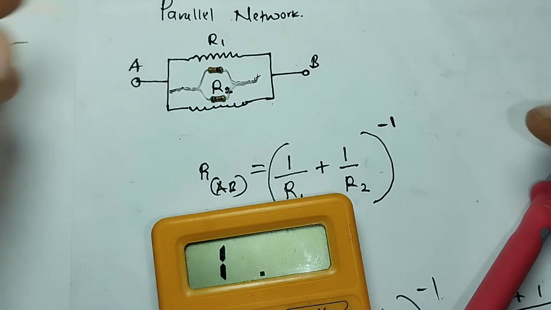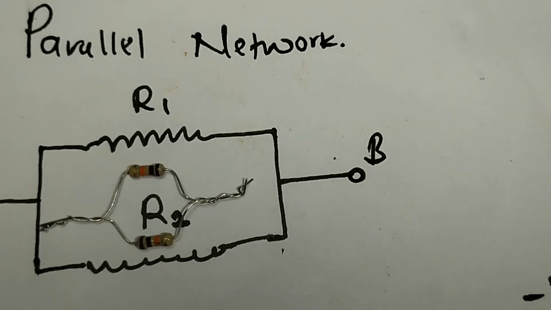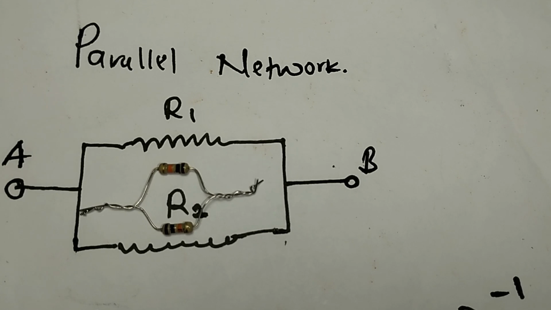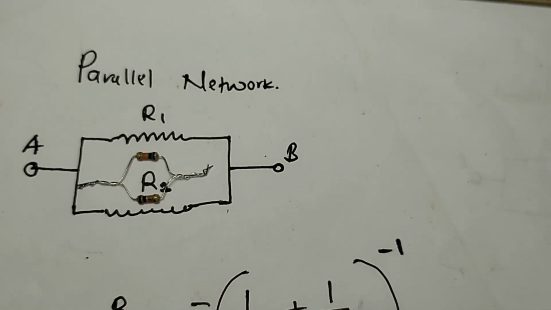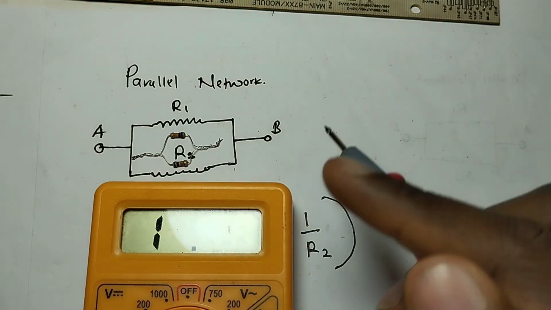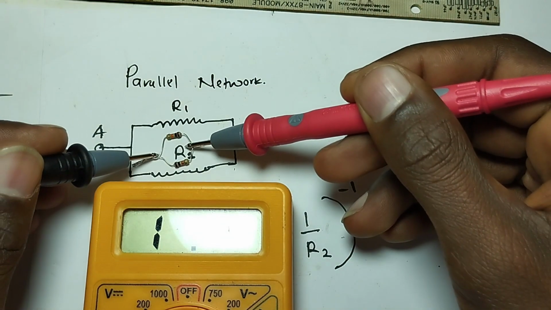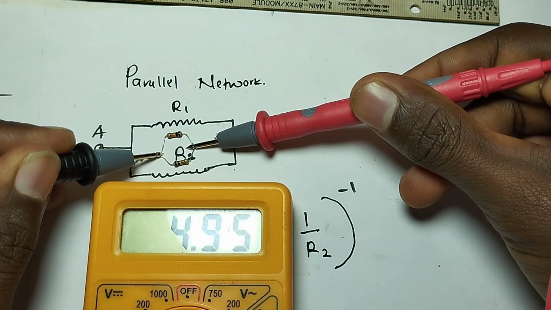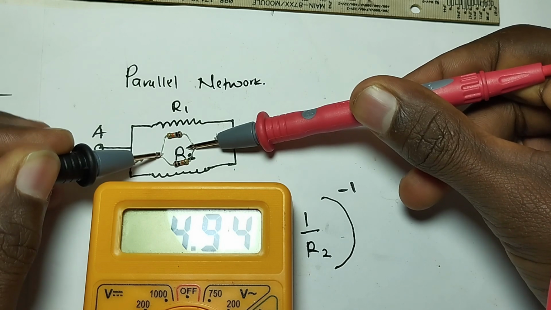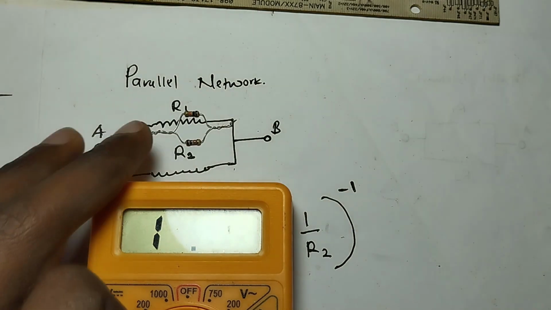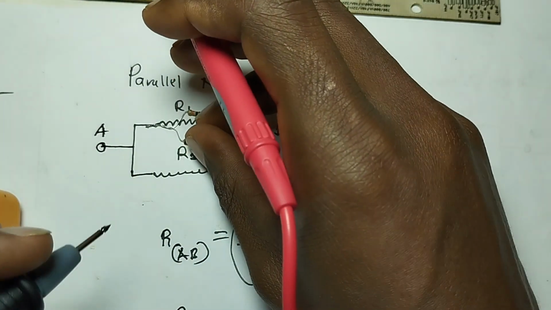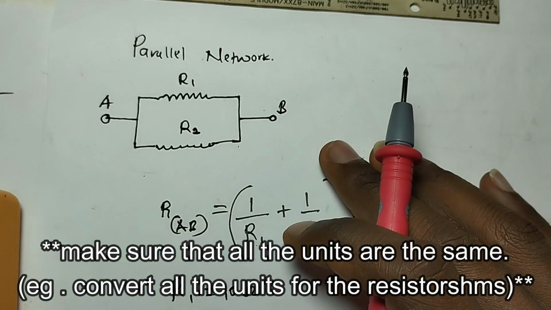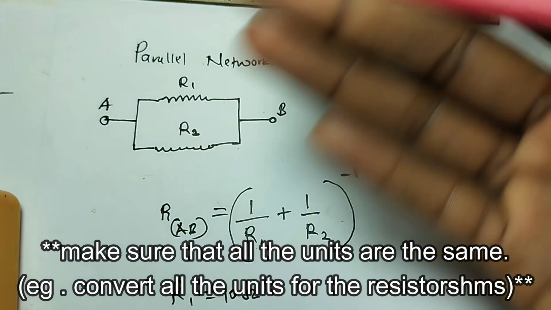So this is exactly the way it looks. Let's take the measurements. See, we are getting close to 5, or we can round it off to 5 kilo ohms. In my example I used ohms, but I only have two 10 kilo ohm resistors. So that's how easy it is. You can go on adding more and more resistors.